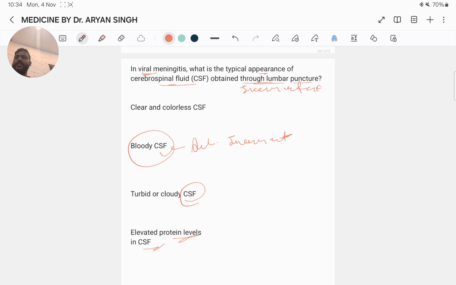characterized by inflammation of the meninges caused by a viral infection. Unlike bacterial meningitis, viral meningitis does not usually cause significant bleeding into the CSF.